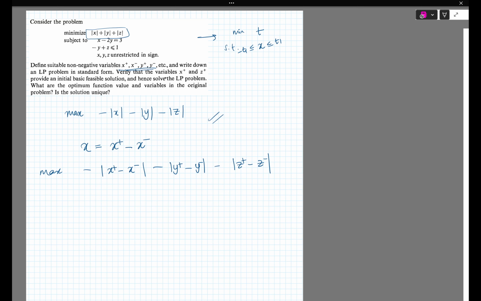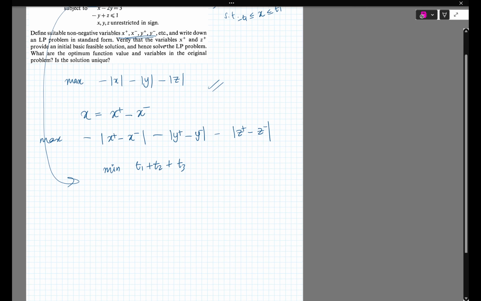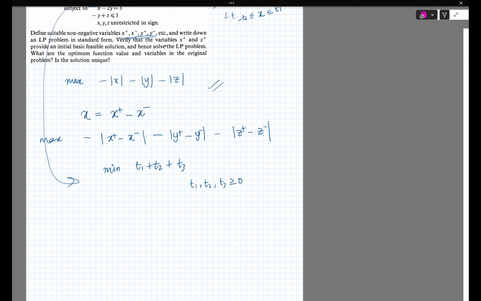Yes, this can be done. You understood? Basically, you can rewrite this as log of t1 plus t2 plus t3, and t1, t2, t3 are greater than or equal to 0.